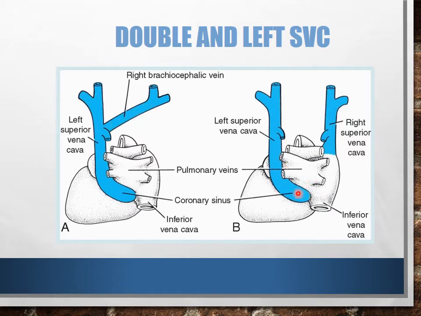And if it is a double inferior vena cava, then on the right it is formed normally, but on the left side there is the persistent left anterior cardinal vein, but that anastomotic channel is missing, the brachiocephalic vein is absent. So again, as in double superior vena cava, the left sided vein is draining into the coronary sinus.